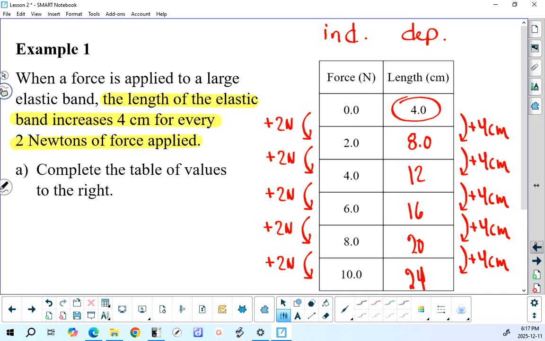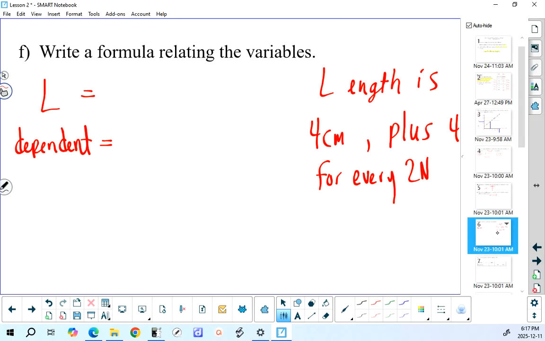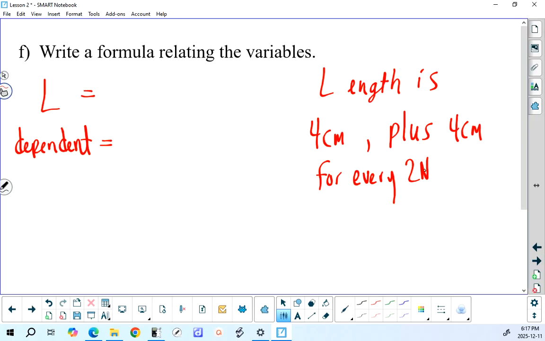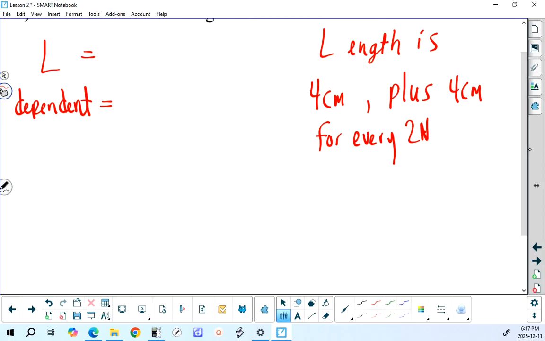And I'm going to tweak that a little bit right now and tell you that instead of saying that, what we can do is say the length is 4 centimeters plus 2 centimeters per Newton.